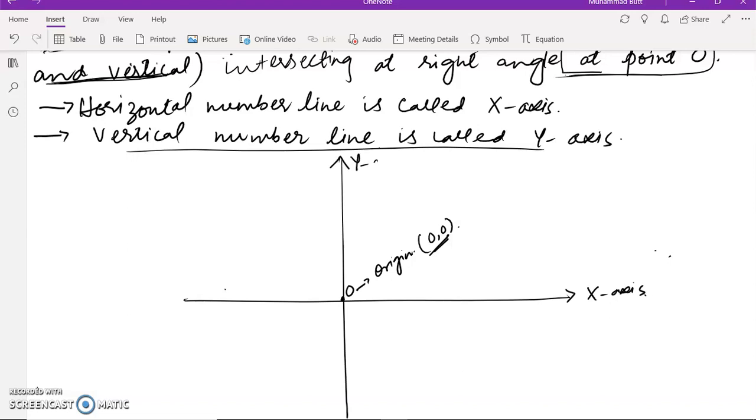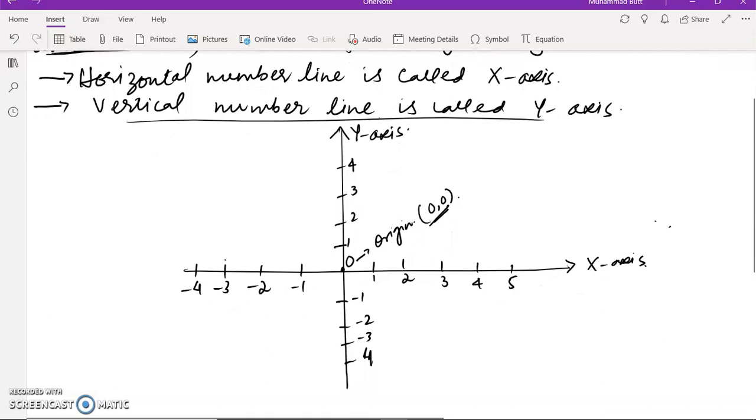Just like a number line, we can write the values on the horizontal number line. We can write the positive values as well as the negative values. Similarly, on the vertical number line, we can write the positive values as well as the negative values.